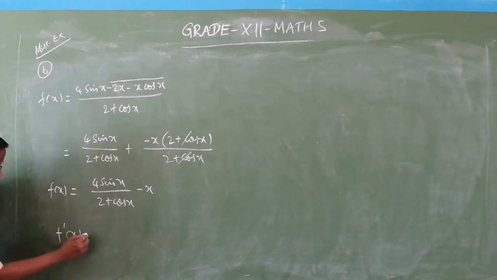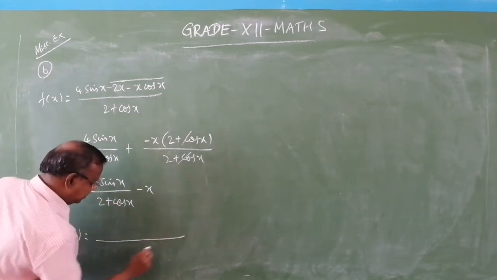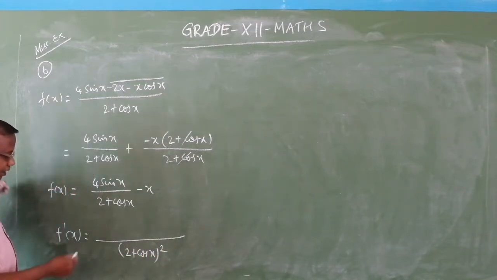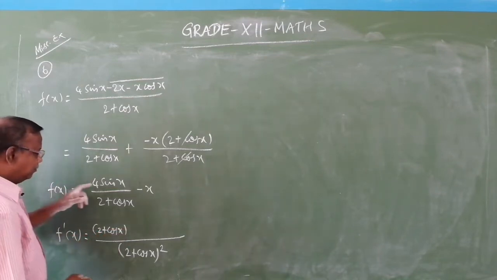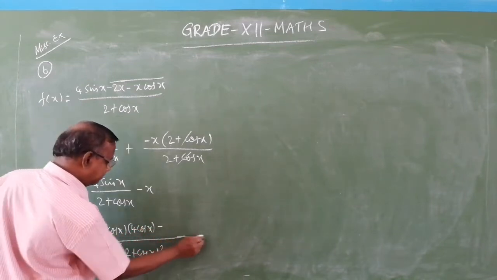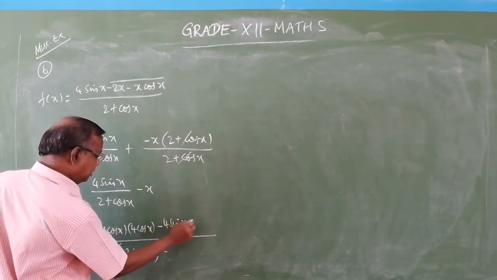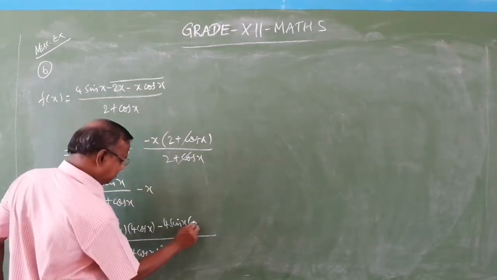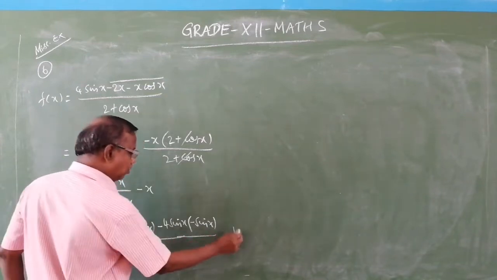So f dash of x equal to, for the first one we use the quotient rule, that is 2 plus cos x the whole square in the denominator, and in the numerator 2 plus cos x into 4 cos x minus 4 sin x into, differentiating 2 plus cos x, this is 0, it is minus sin x. Again differentiating minus x gives 1.